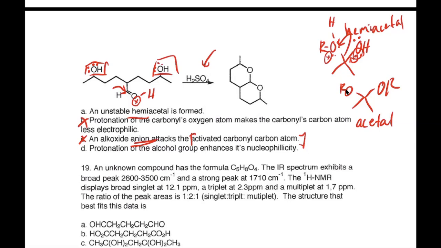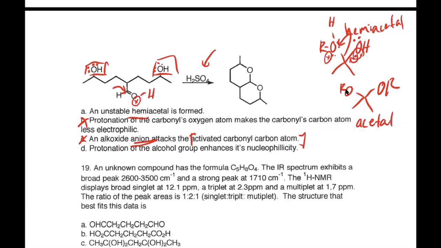And then we can look at protonation of the alcohol group enhances its nucleophilicity. That one doesn't make much sense to me. On the contrary, it would make it less of a nucleophile now. Now it's a good leaving group if you protonate the alcohol.